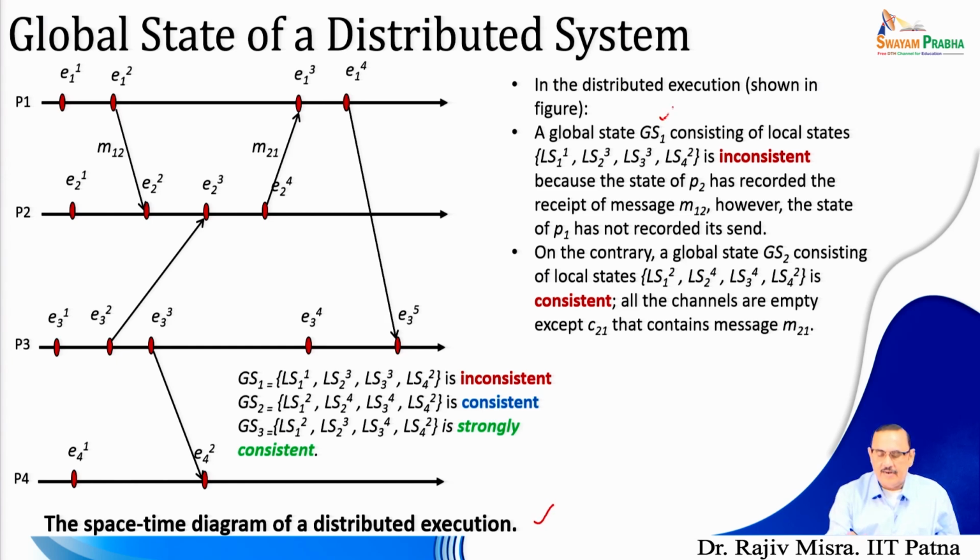Here the global state GS1 consists of local states LS1 of 1, LS2 of 3, LS3 of 2, LS3 of 3, and LS2 of 4.